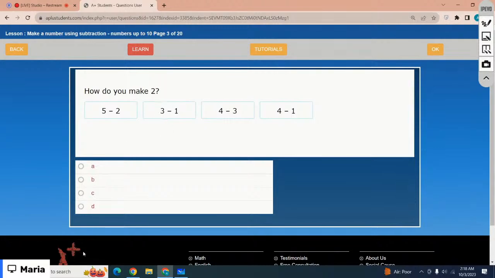The only option that makes 2 is 3 take away 1. That is option number B.